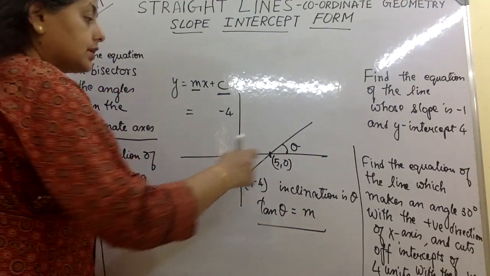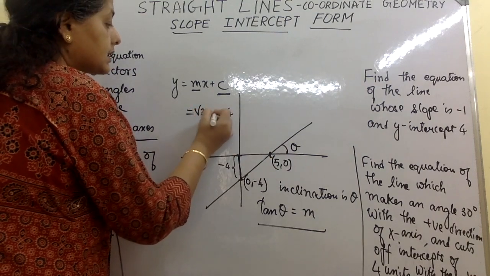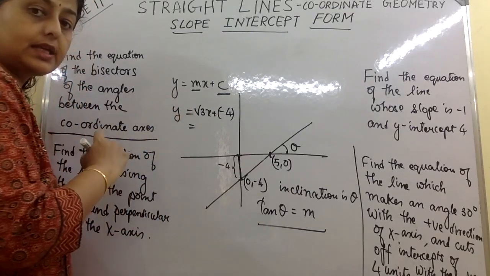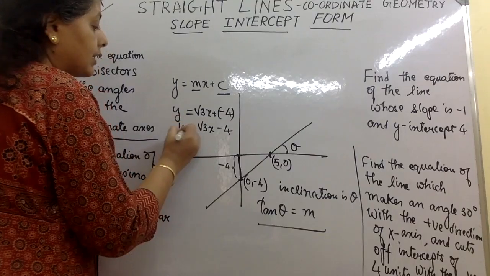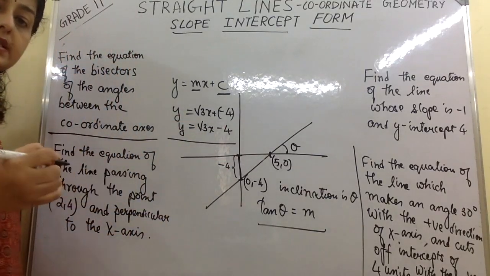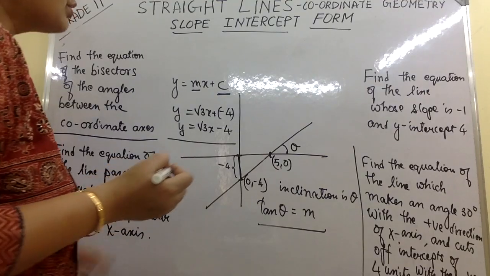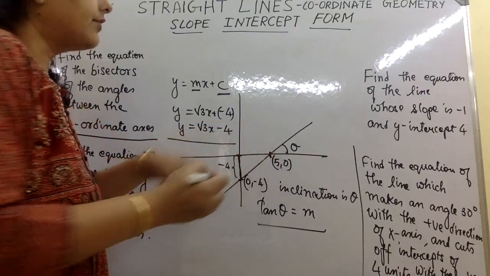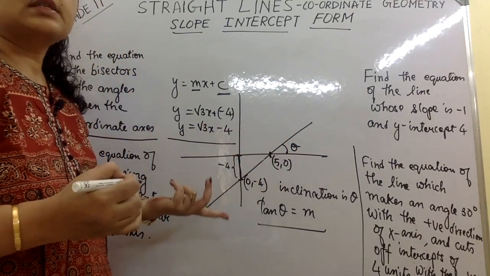So here, if it is 60 degrees, then I will have root 3 x plus (-4) is equal to y. This becomes my equation of the line, which is y equals root 3 x minus 4. The only thing you have to understand is that if this angle is theta, then tan of this angle gives us the slope.